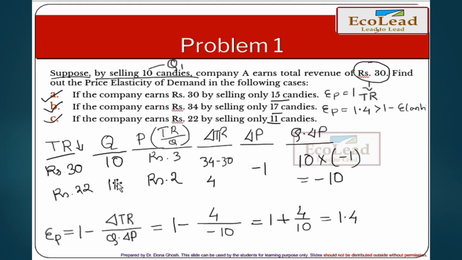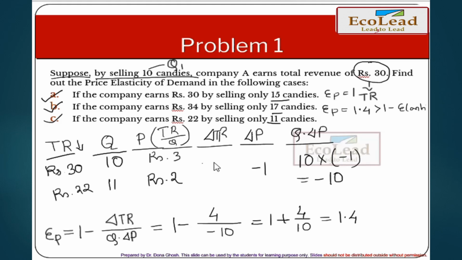If I divide 22 by 11, then definitely the price will remain the same. So we can see that in all these situations, the price per candy is rupees 2 in the final situation.